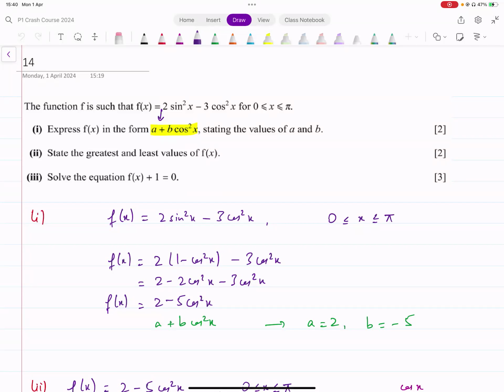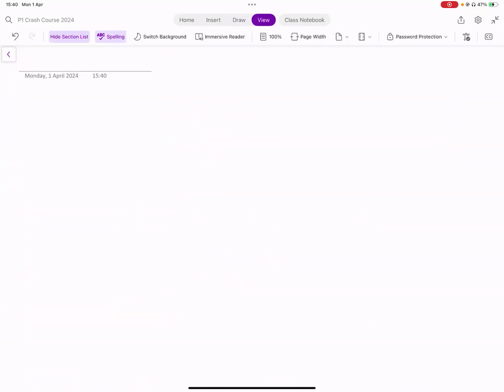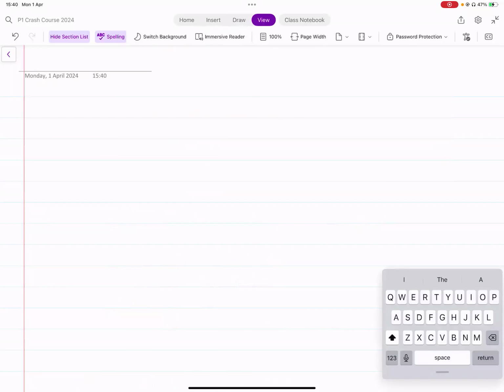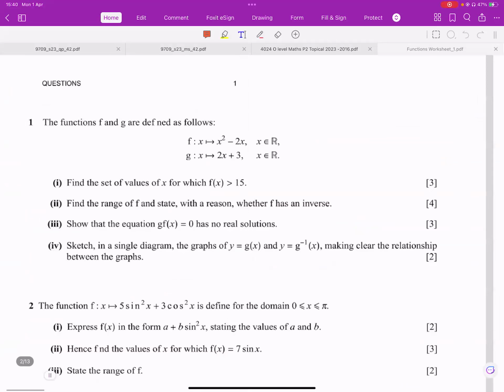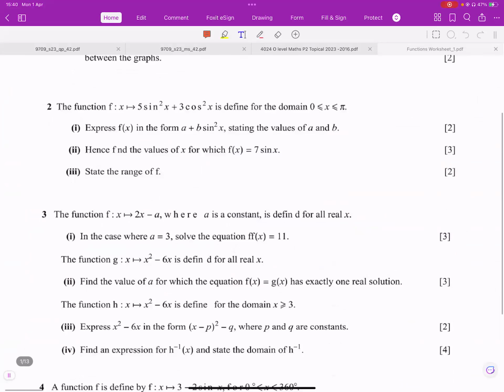Okay, let's actually do another very similar question to this. I'll do this very quickly, just to give you an idea. There's another in the worksheet like this. This is question number 2 from the worksheet. It also has squares like that.